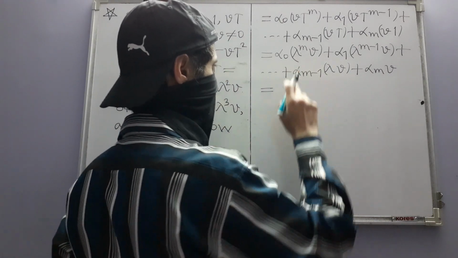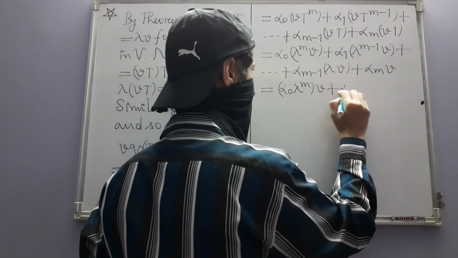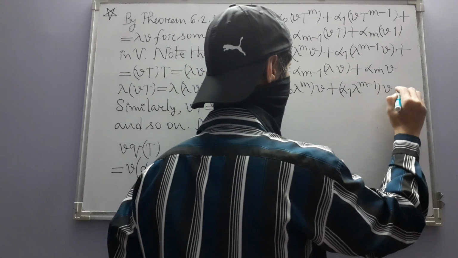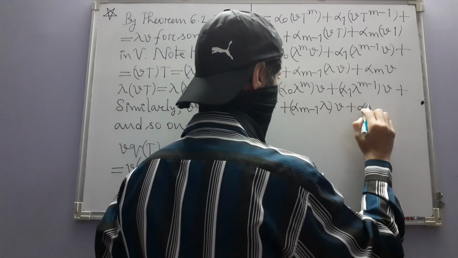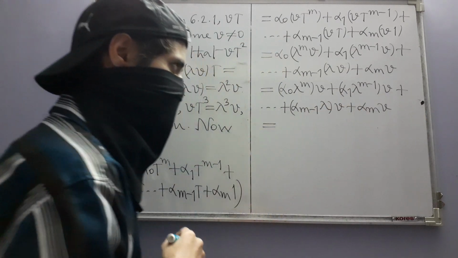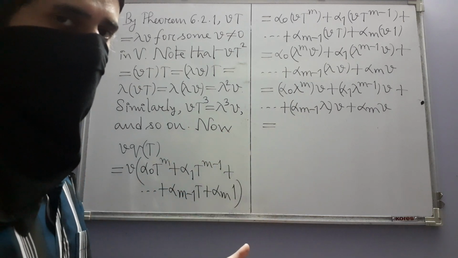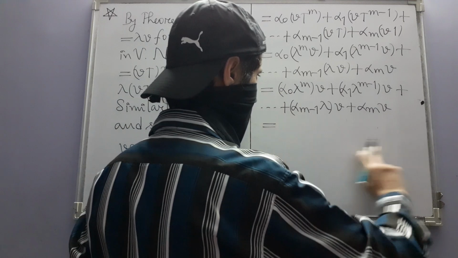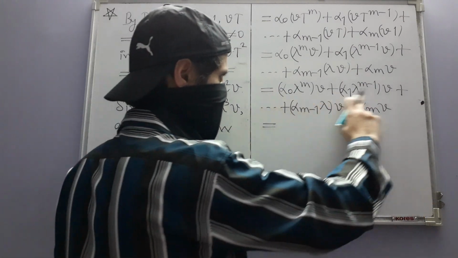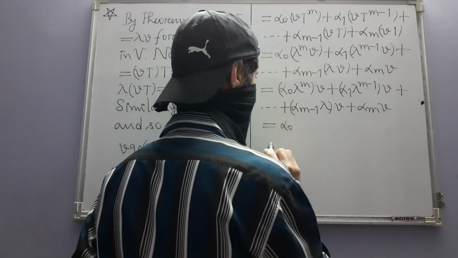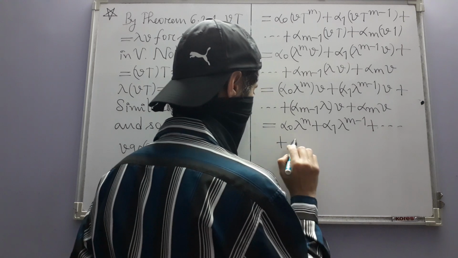Using one of the vector space axioms, next we can write alpha naught lambda to the power m v plus this v plus this of course is simply alpha m v, and then using another vector space axiom, which is alpha plus beta times v is equal to alpha v plus beta v, in its extended version, which involves possibly more than 2 terms, we get this.